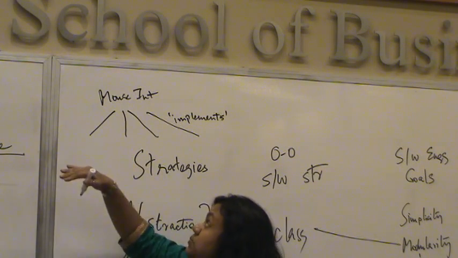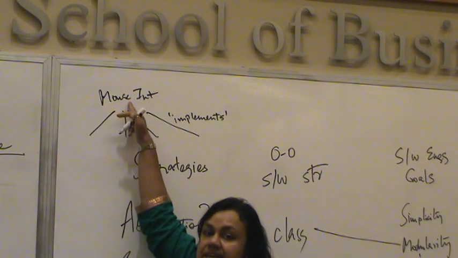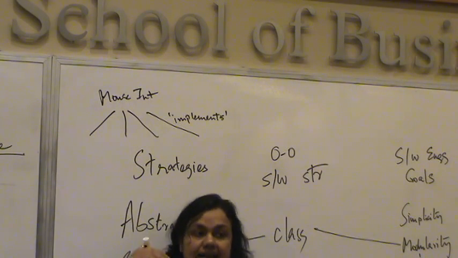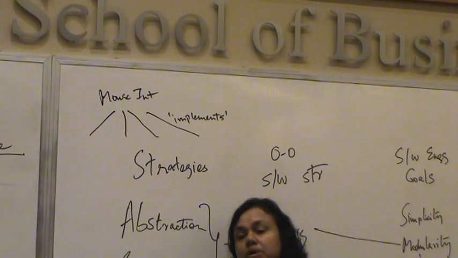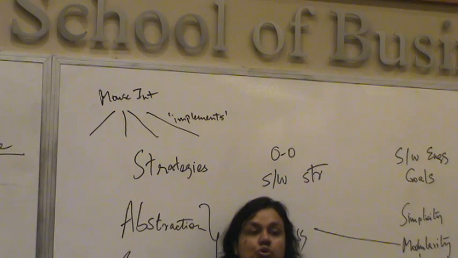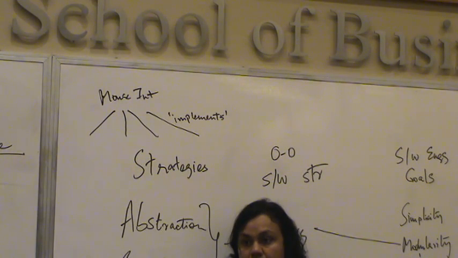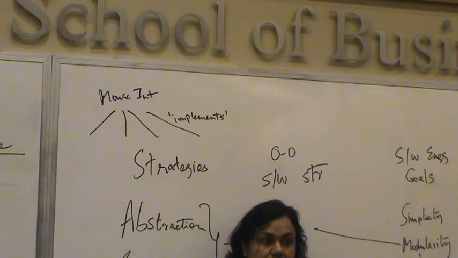Okay, in C++, an interface is implemented using a class, but we make the methods pure virtual. What that means is we say, here is the prototype, but I'm not going to define it.